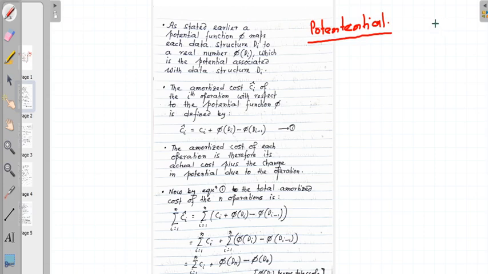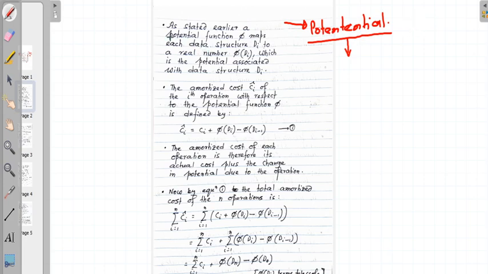It is a very important abstraction for amortized analysis, and many new papers employ the potential method when analyzing amortized cost. That's why you have to know this potential method.